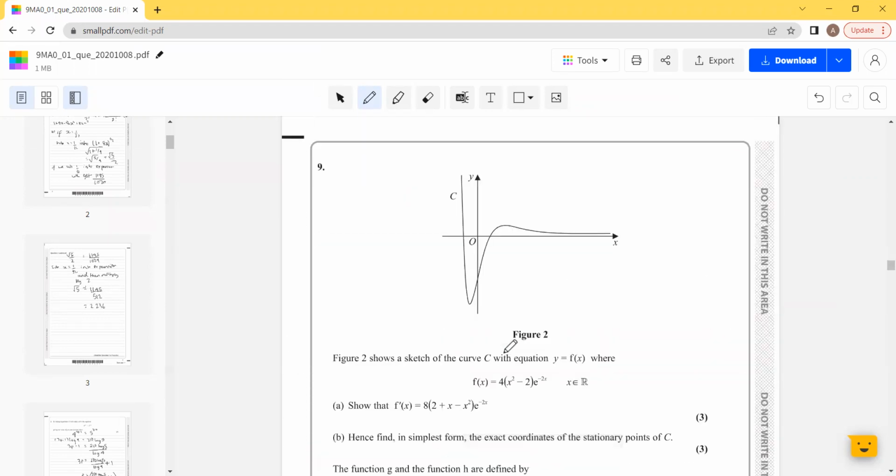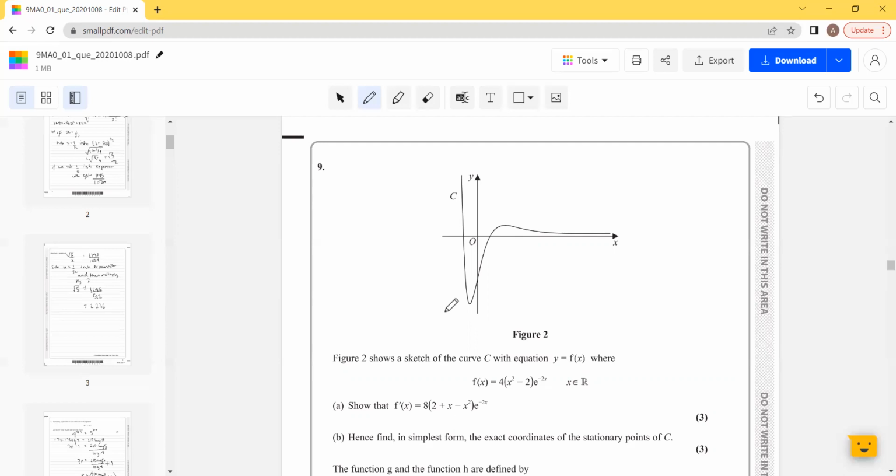Question 9. Figure 2 shows a sketch of the curve C with equation y equals f of x, where f of x equals 4 times (x squared minus 2) times e to the minus 2x, for all real values of x. Show that f dash x is 8 times (2 plus x minus x squared) times e to the minus 2x. How would I even go about doing this question?